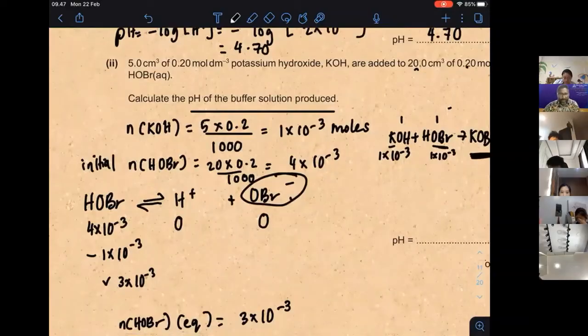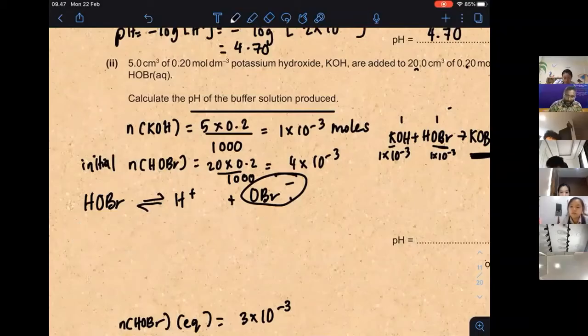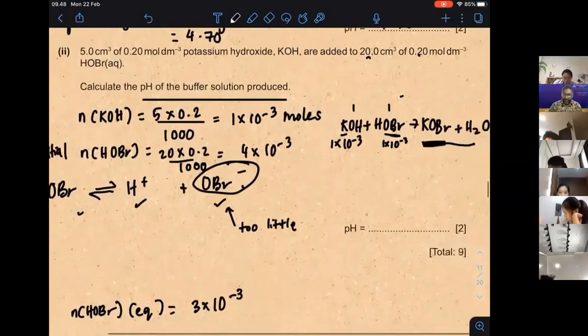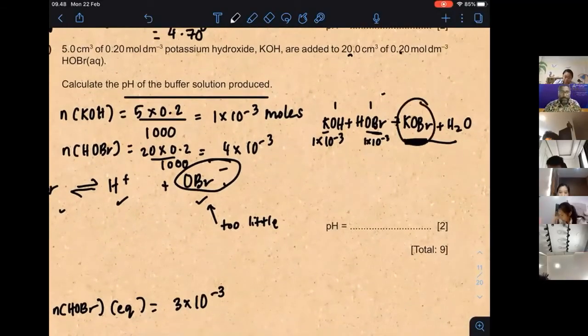We don't even need to use the ICE table for this, because for a buffer, even though we know HOBr will dissolve to give you this and this, the amount you get is too little. Most of the OBr minus is coming from here. So it's going to be 1 times 10 negative 3.